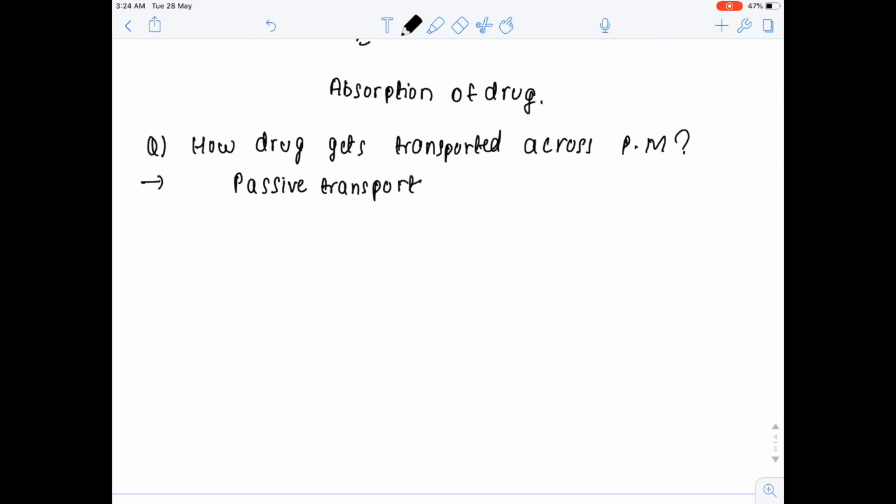It is the most common form in which the drugs get absorbed across the plasma membrane. And the other forms of transport are active transport and facilitated transport.